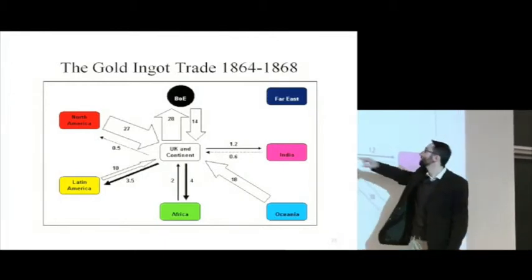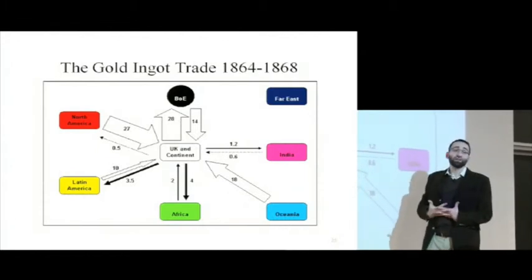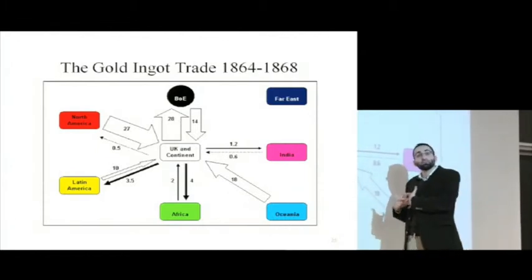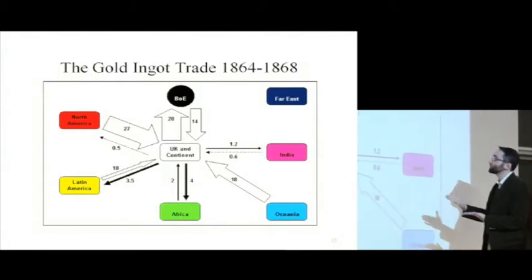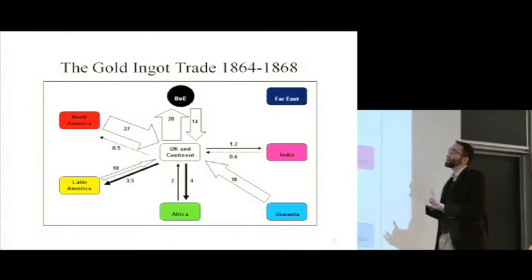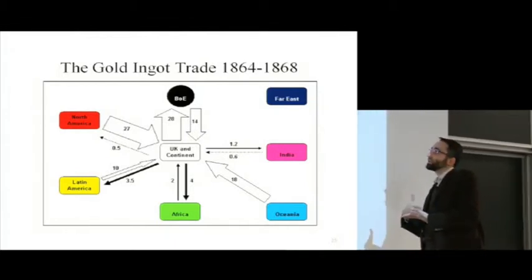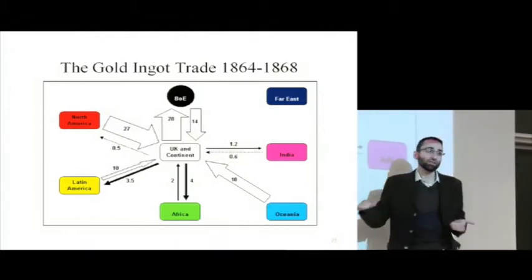in this period. But the most interesting thing is that you have a very big actor playing on this market, which is the Bank of England. And actually, if you read this source, you understand that the Bank of England is acting in a very special way because it clears the market.